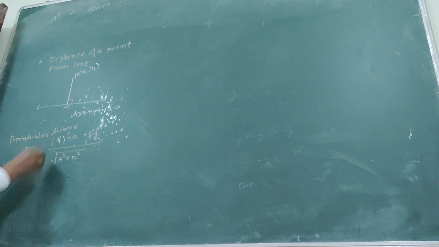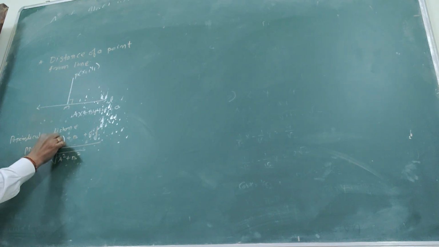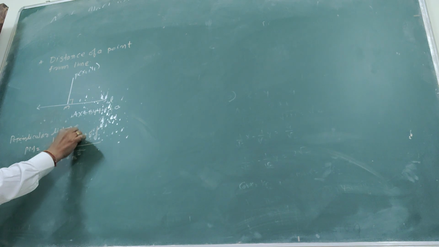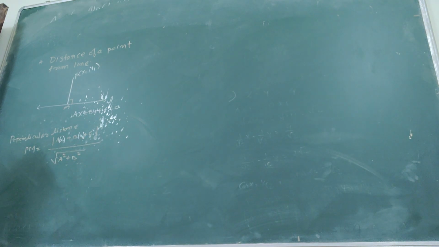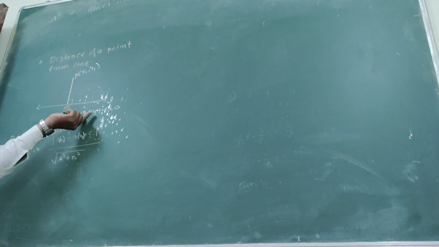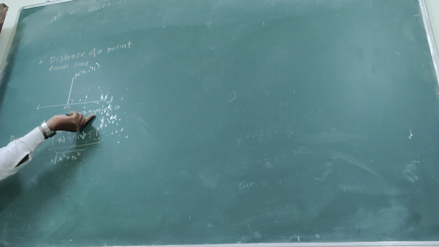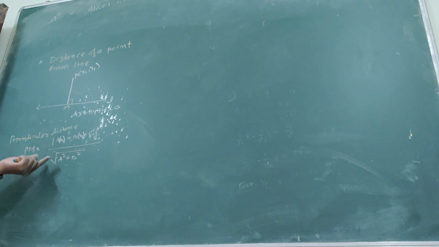So with a, write this point x1, with b, y1. We have to put x1 and y1 in place of x and y in the given equation of the line. Then we get the perpendicular distance of the point from the line.